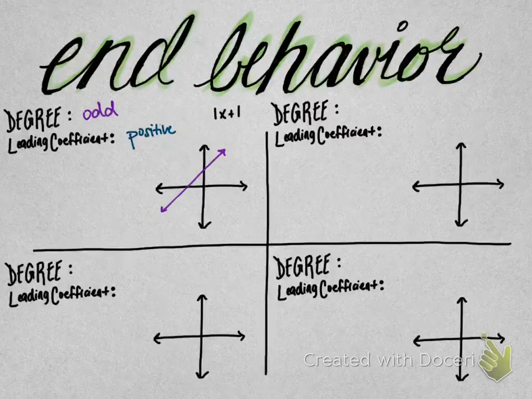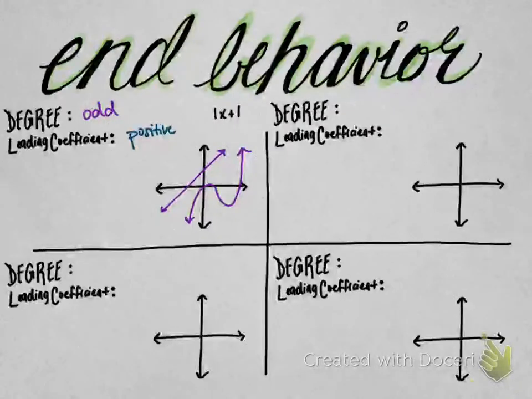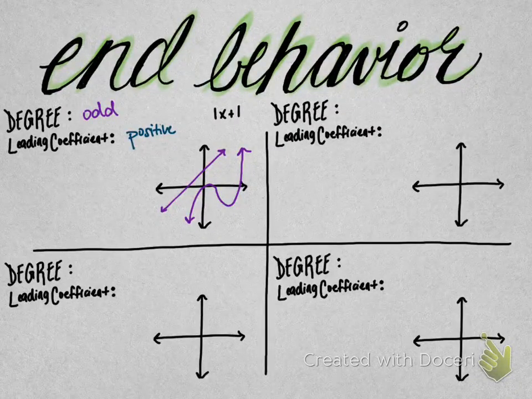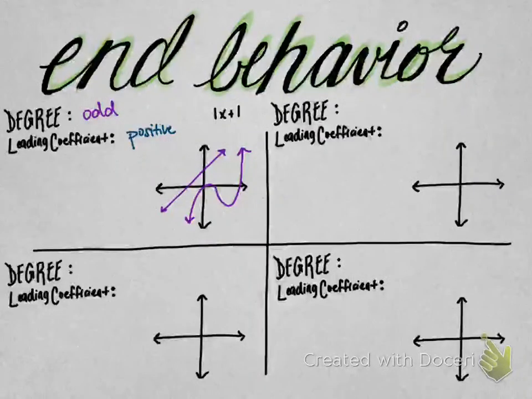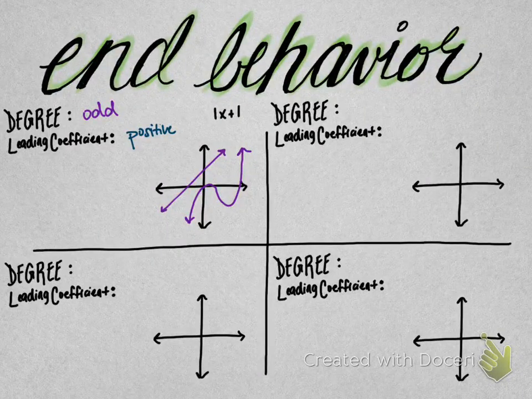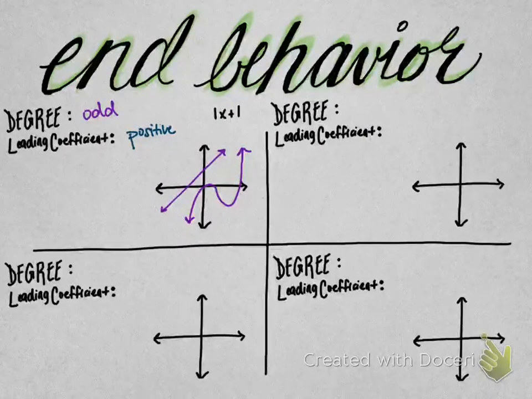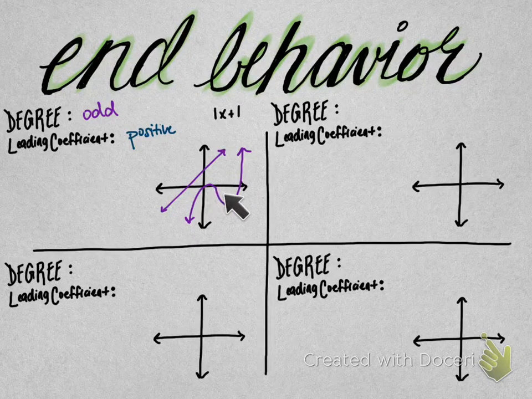Let's say I could have something like this. Yeah, perfect. And what's important to know is that the reason why this is still part of this family is because, remember, the degree is odd. A good way to figure this out is to look at the number of turns that happen in our picture.